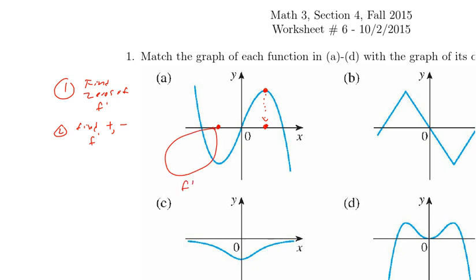So I know it's going to look something like this, negative, and then from this point to this point, this section here, f prime is positive. We look at our graph, it is increasing now, right? We're transitioning from a negative to a positive, right?